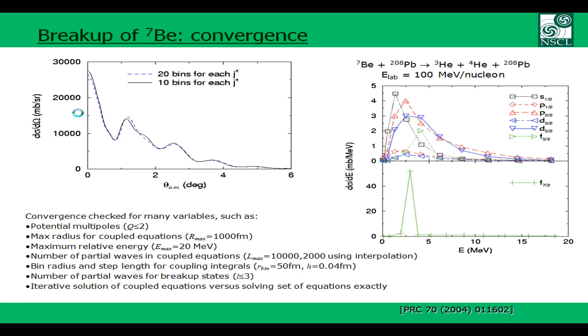You need to have the radial grid under control, so you needed to have the right step size and the Rmax, and you need to have the right number of partial waves. So those two things are still needed. They'll be somewhere in my list. Bin radius, step, I can't even find it in my list, but it'll be somewhere in my list, okay? Those two things are still needed. But there's a bunch of other things, okay?